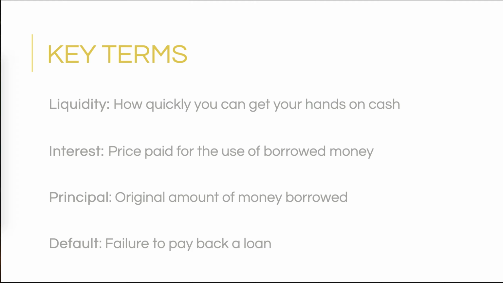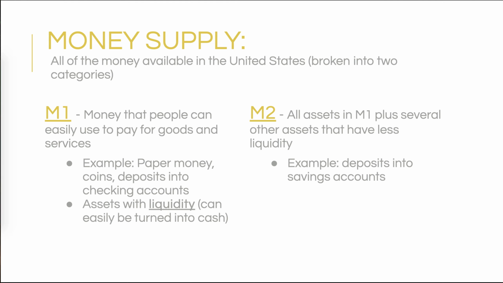So if you were to borrow $1,000 from the bank, your principal is $1,000. Defaulting is a failure to pay back a loan. Those are just a couple key terms that I want you to know moving forward with this section.